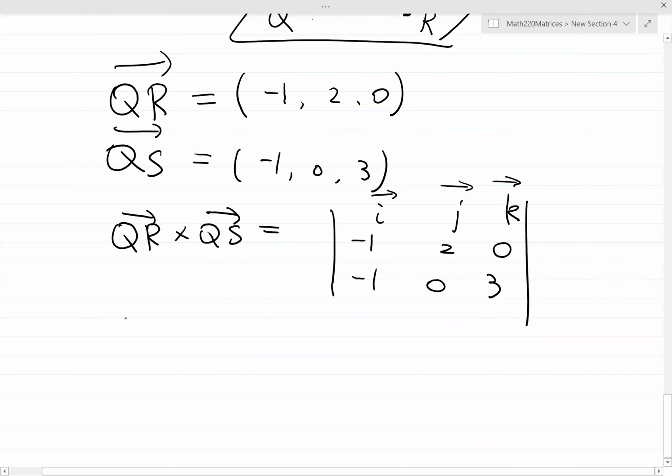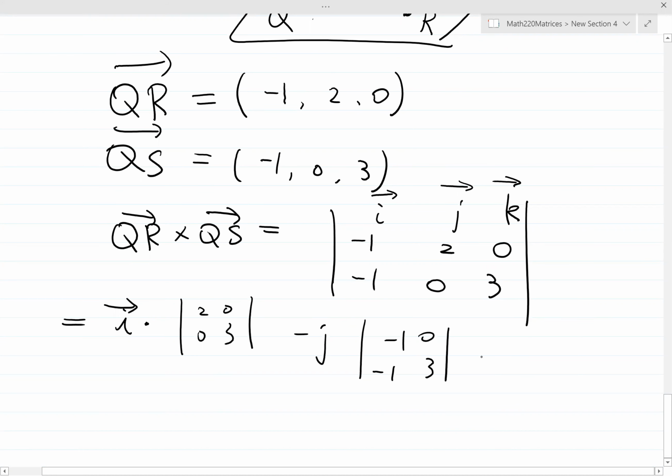So expand using the first rule. It's i times the determinant 2, 3, 0, 0, minus j times the determinant -1, 3, -1, 0, plus k times the determinant -1, 0, -1, 2.